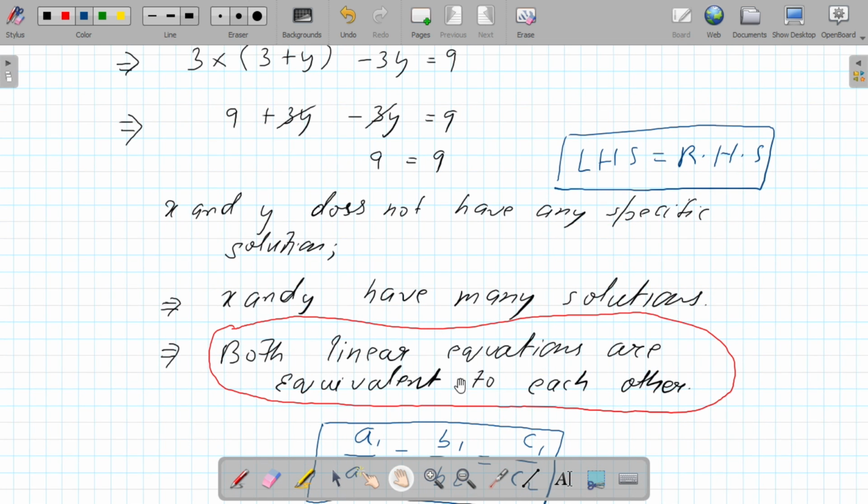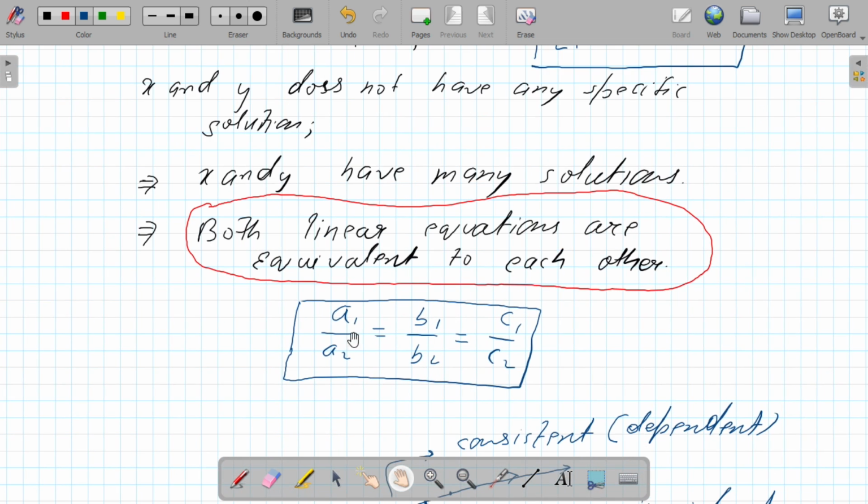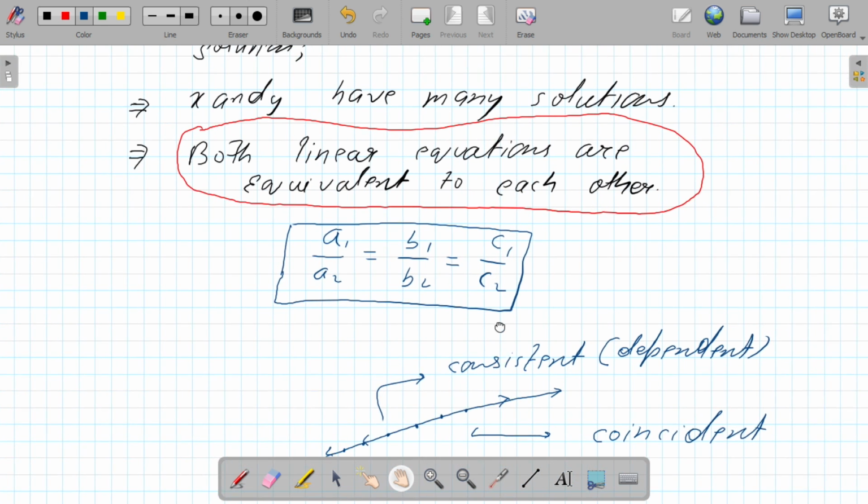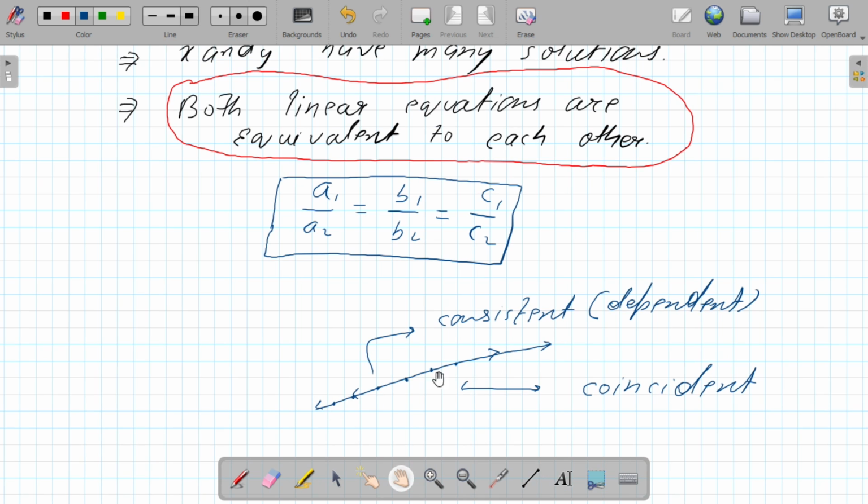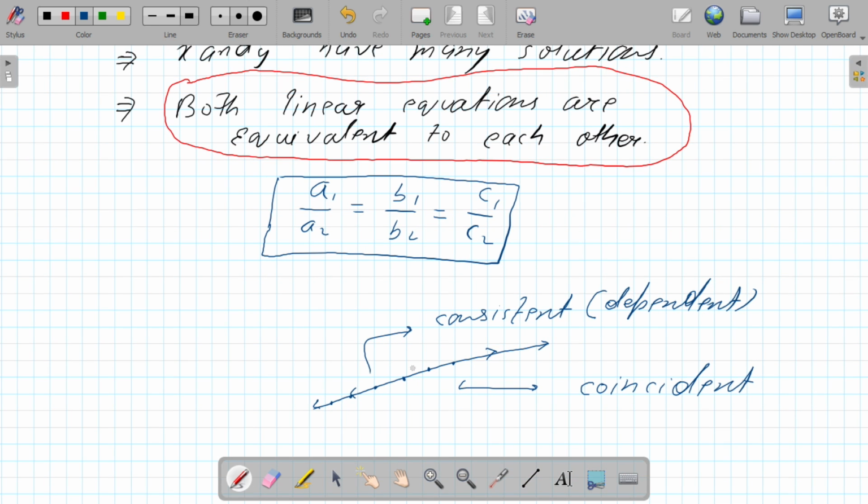Both linear equations are equivalent to each other. That means algebraically a1 by a2 equals to b1 by b2 equals to c1 by c2, and graphically they both are coincident. This is your first line and this is your second line. Okay.